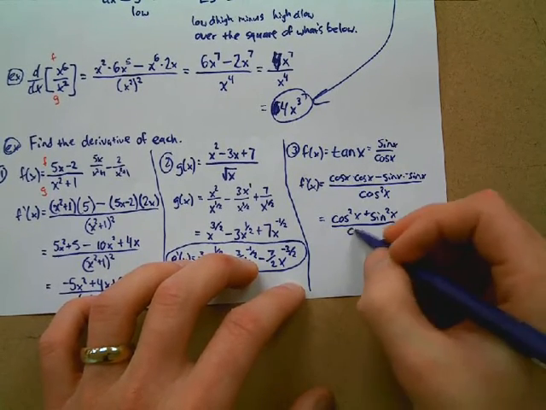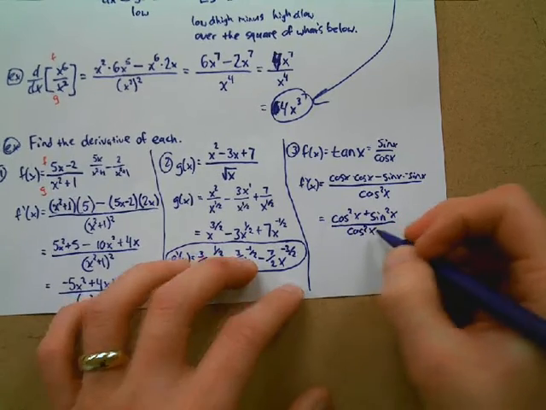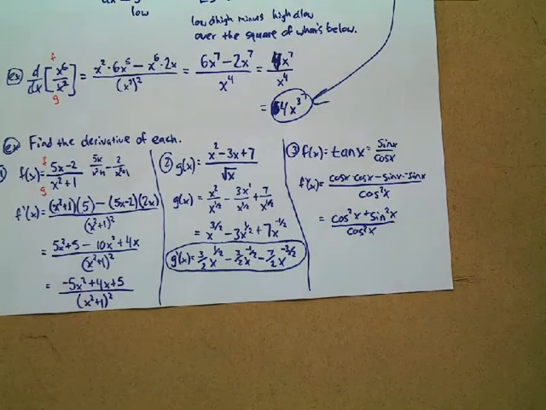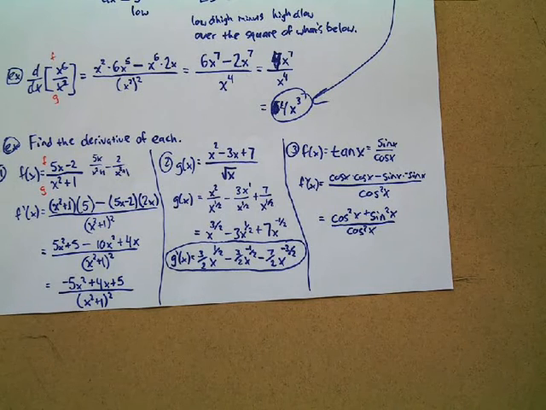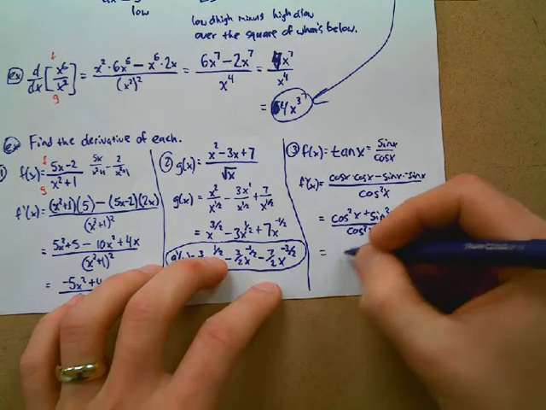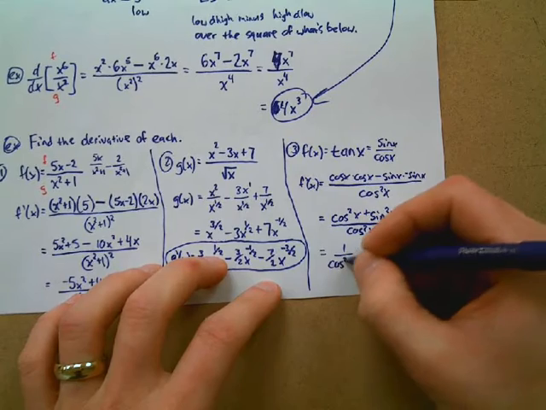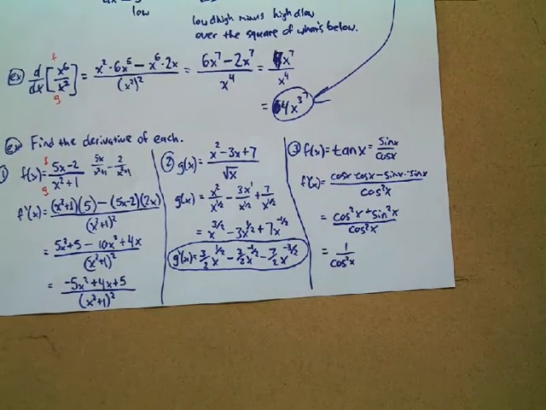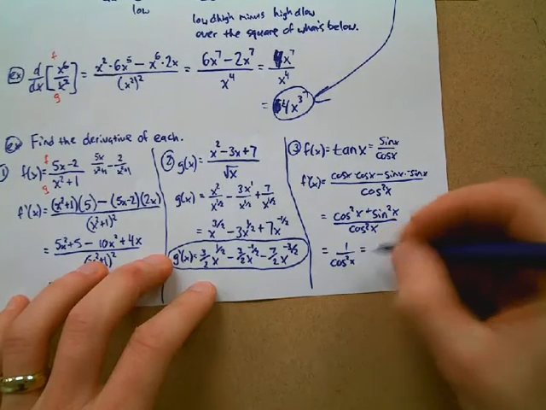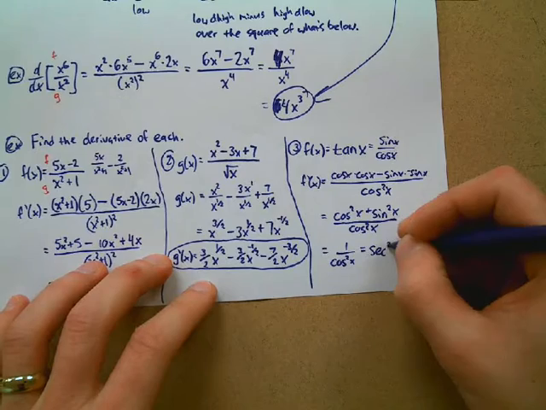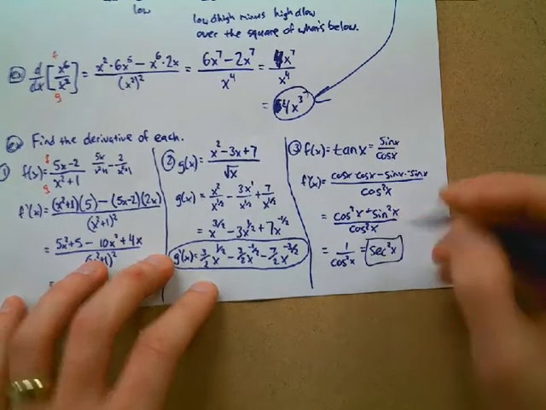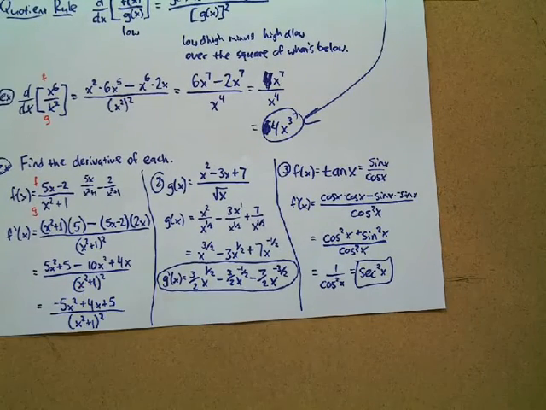And what's 1 over cosine squared? Secant squared of x. So the derivative of tangent is secant squared x. Pretty neat. Alright, so there that is.